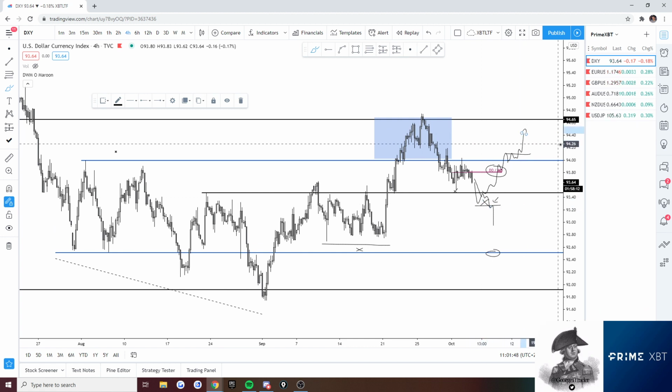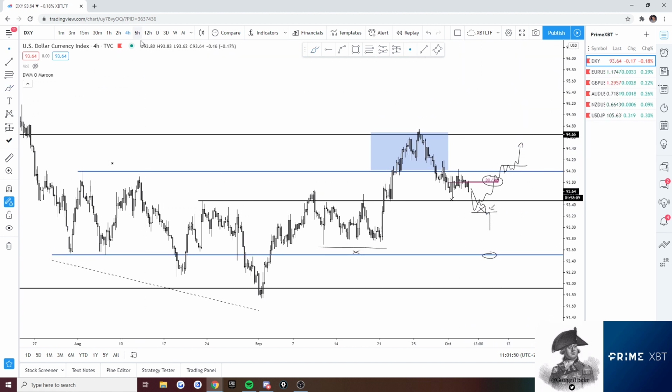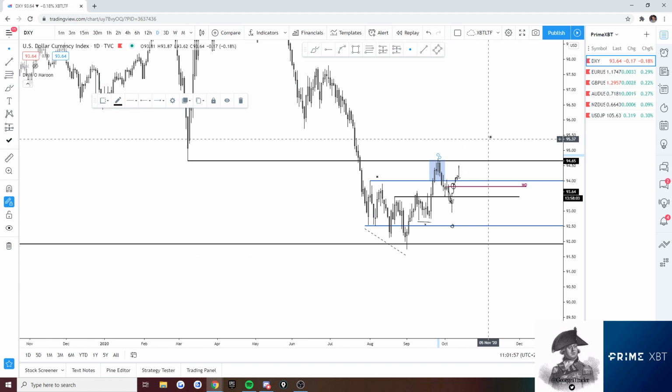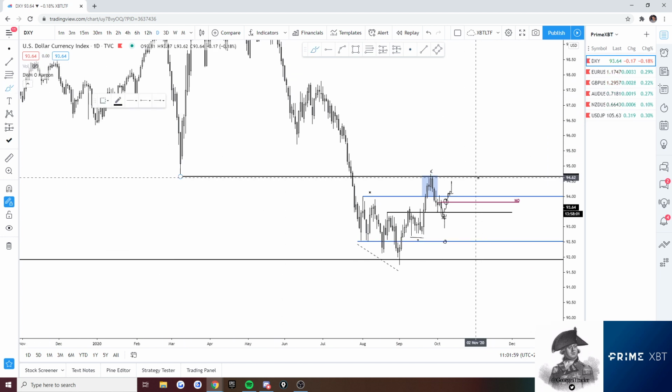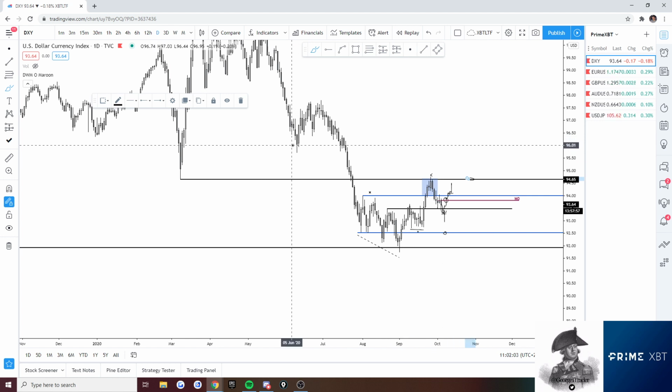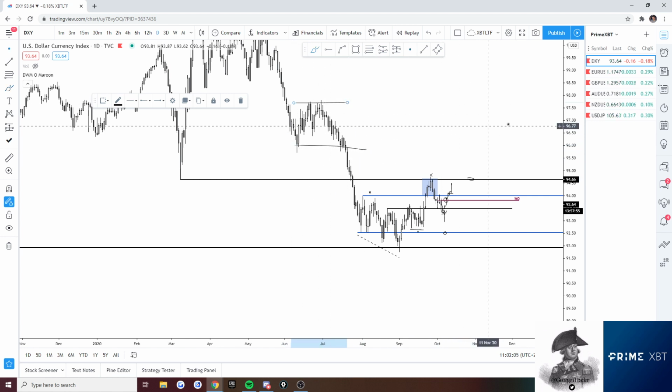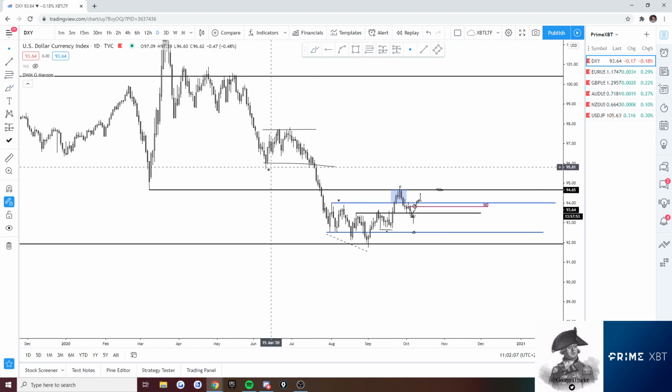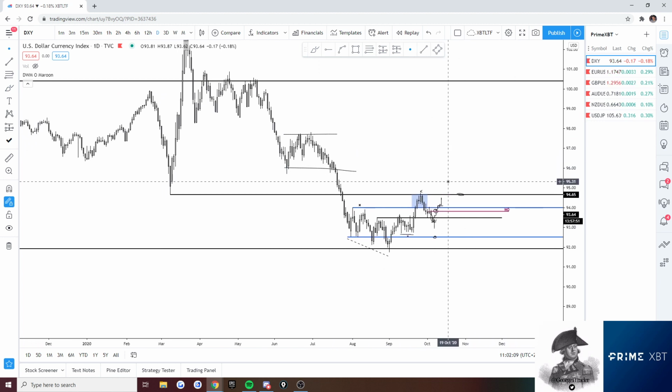Then we're most likely going to trade a lot higher. First target would then be this low. And then if we get a real clean daily close above this level, then we're most likely going to trade into this supply area, this consolidation area, or former range.